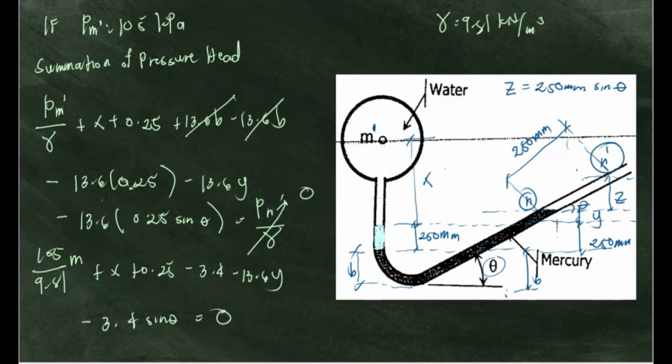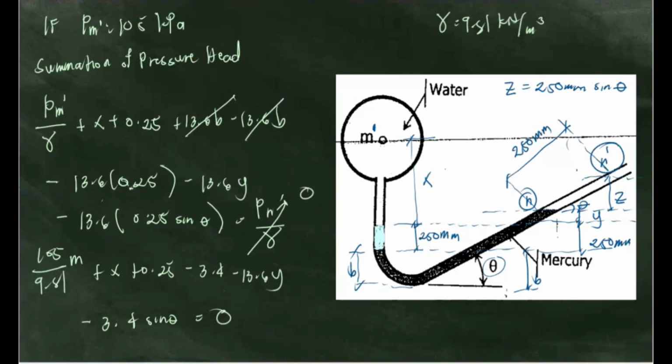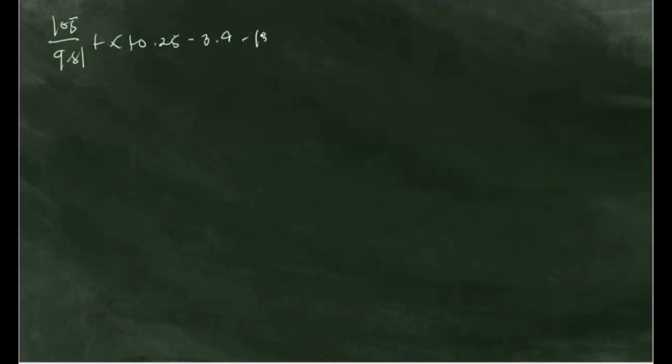So, rearranging, let's arrange it so we're ready for the equation. Let's copy again: 105 over 9.81, plus x plus 0.25 minus 3.4, and then minus 13.6y minus 3.4 sine theta is equal to 0.